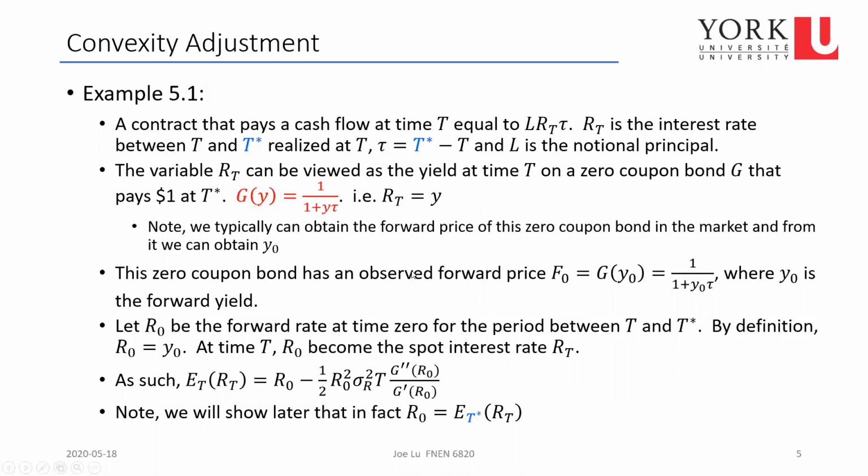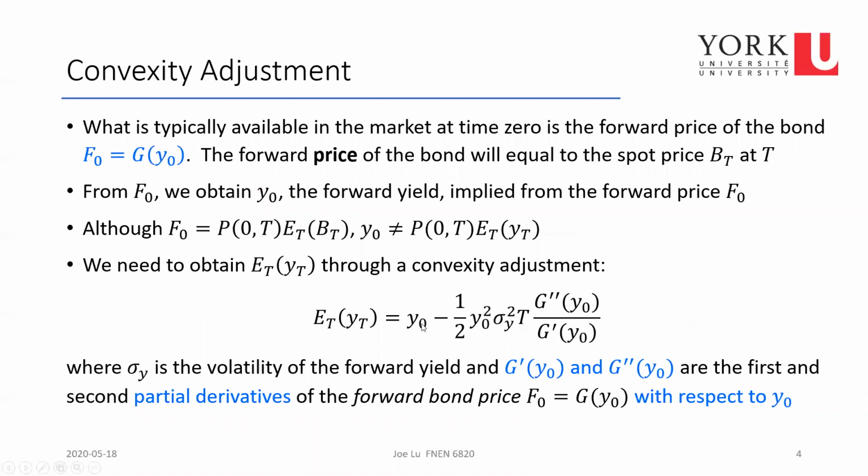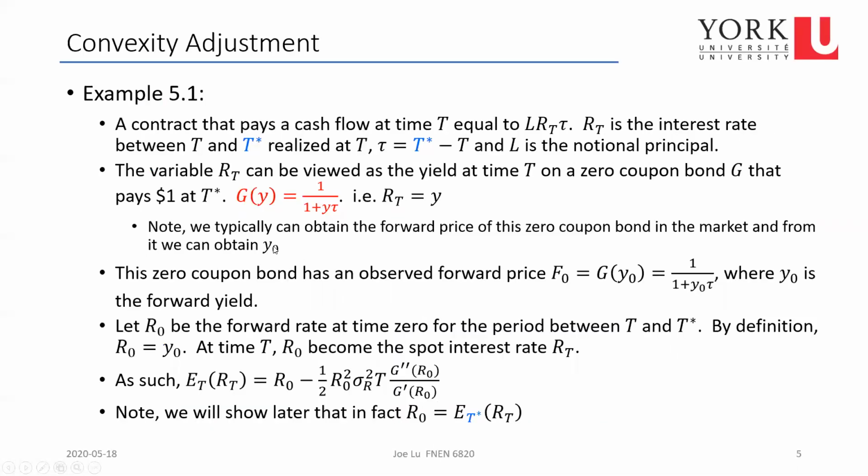Okay, so now we have a functional form that links the price of the zero coupon bond with its yield. Okay, so now Y naught, in the notation earlier, is really, if we know the forward price of this zero coupon bond, the implied yield here.